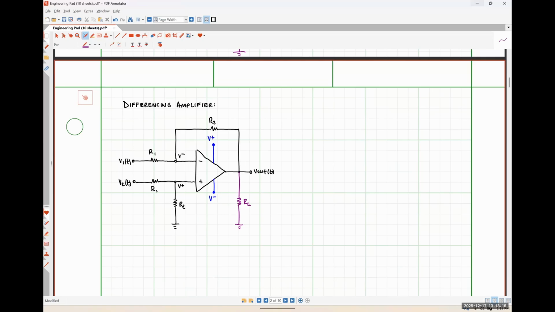So if we were to look at this circuit, let's say when V2 is off, okay. So if we were to ground out V2, what voltage would be present at the non-inverting input terminal?